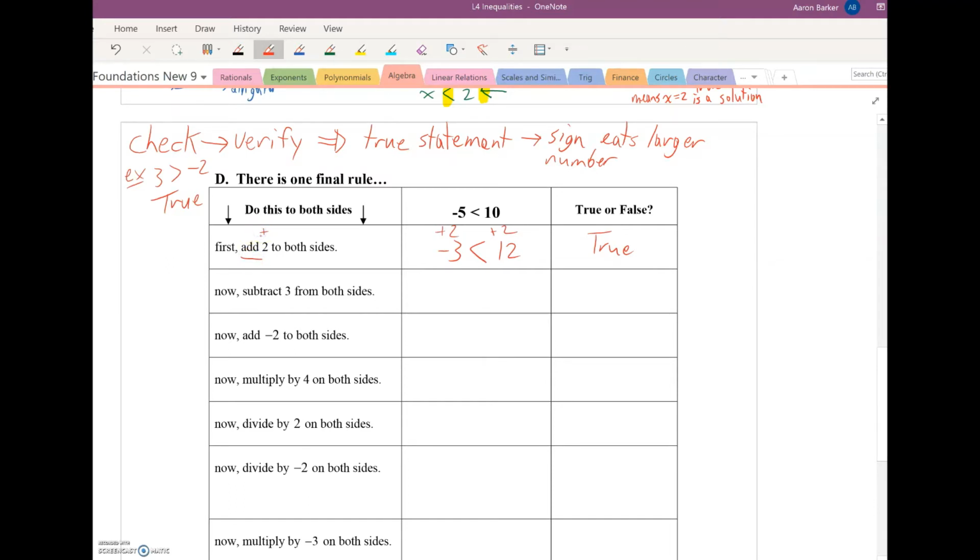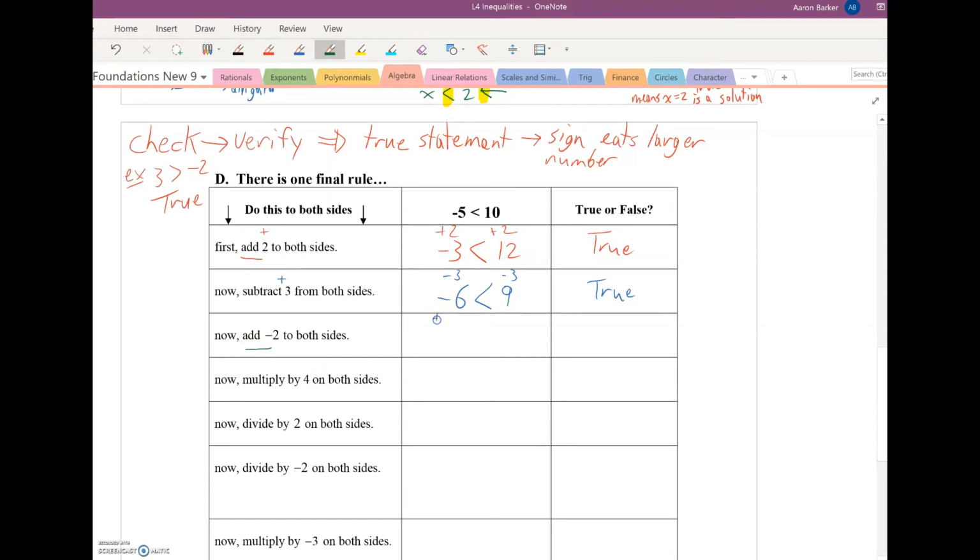Then we're going to subtract 3 from both sides. So we go -3 minus 3, we get -6, sign stays the same, and we get 9. Is that a true statement? It is true. So when you're subtracting a positive, there's nothing wrong there. Now let's see what happens when we add a negative.